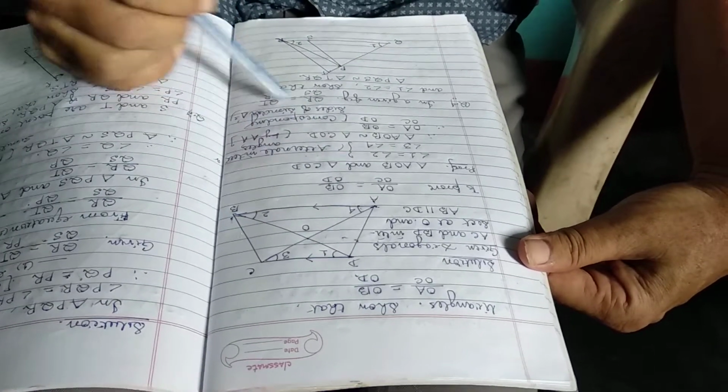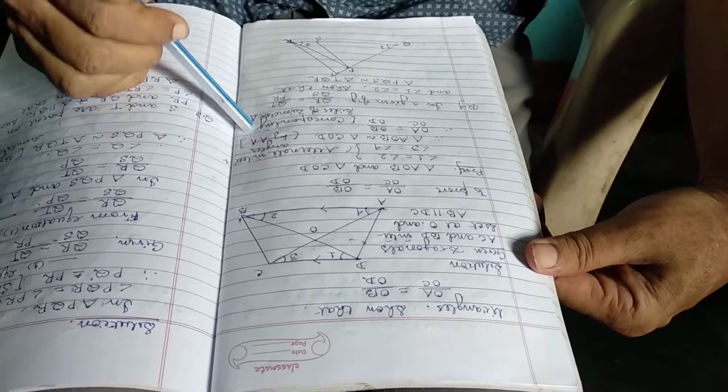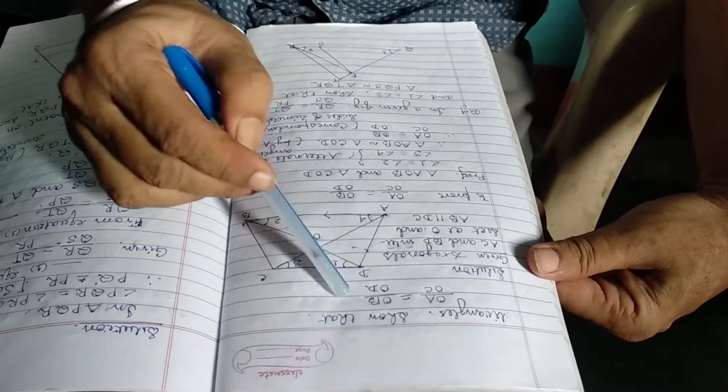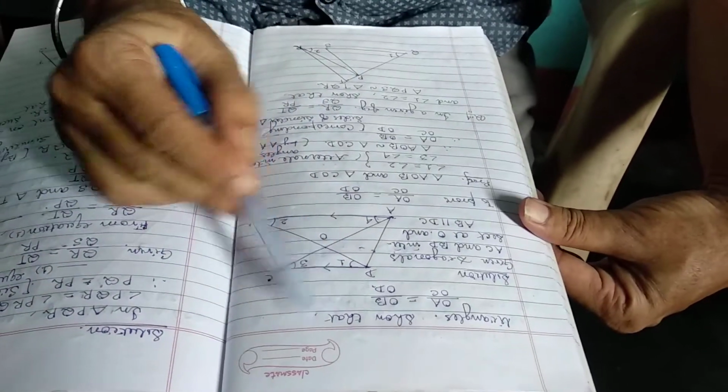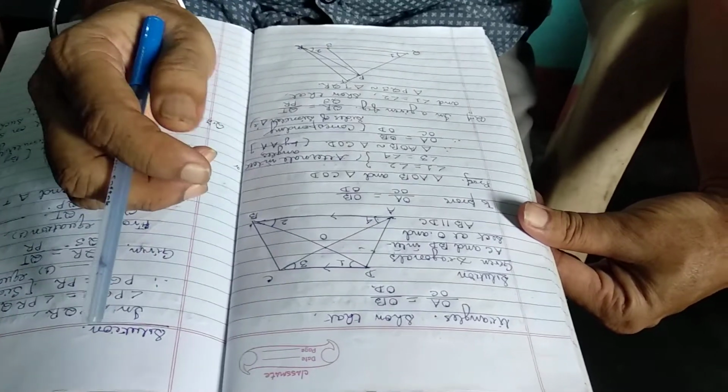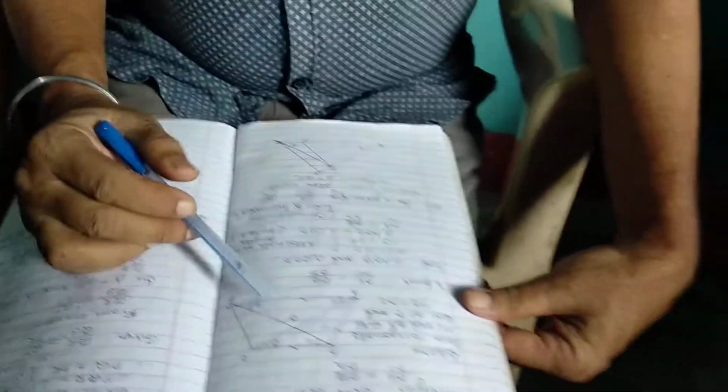These are the corresponding sides of the triangles. Now, that is proved. Okay. Any problem from any side? No. I think everyone understood these problems, if you are serious about understanding these questions.